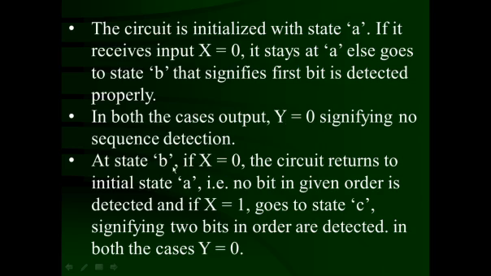At state B, if x is equal to 0, the circuit returns to the initial state A. It means no bit in the given order is detected, and if x is equal to 1, it goes to the state C, signifying 2 bits in the order are detected. In both cases, Y is equal to 0.